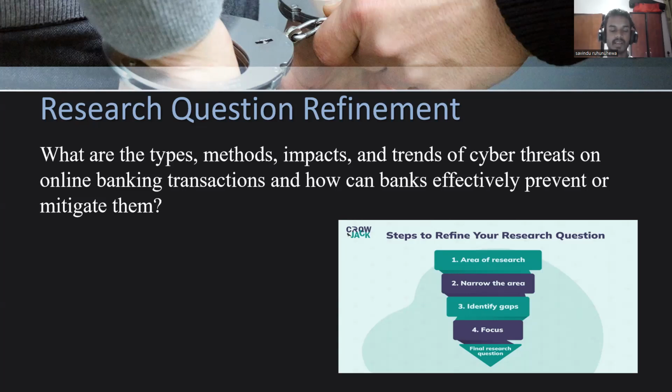Addressing these questions will enable the development of more effective strategies and technologies to improve cybersecurity in the banking sector and protect both banks and their customers from cyber threats.